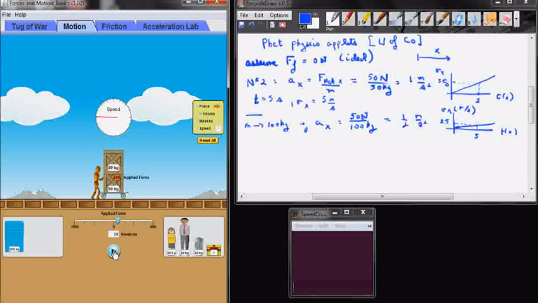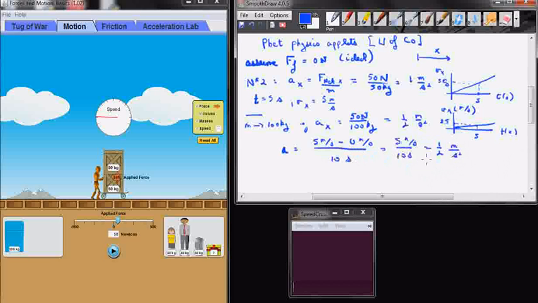Okay, does that make sense? Well, if it took 10 seconds to get to 5 meters per second, then the a would be the change in velocity, which would be 5 meters per second minus 0 meters per second, over the time, which is 10 seconds. And that's 5 meters per second over 10 seconds, which is 1/2 meter per second squared, in agreement with what we did here.